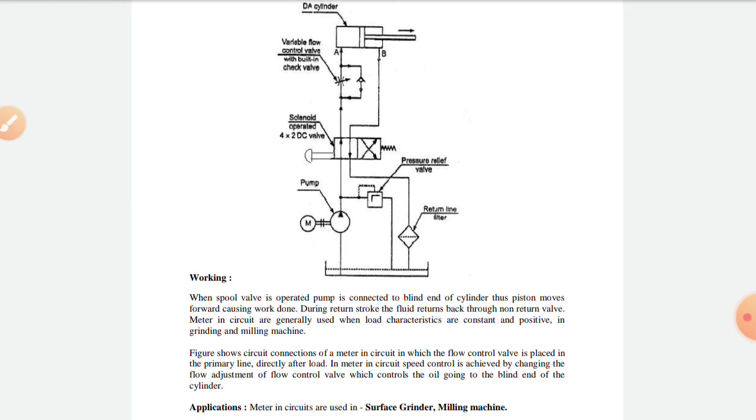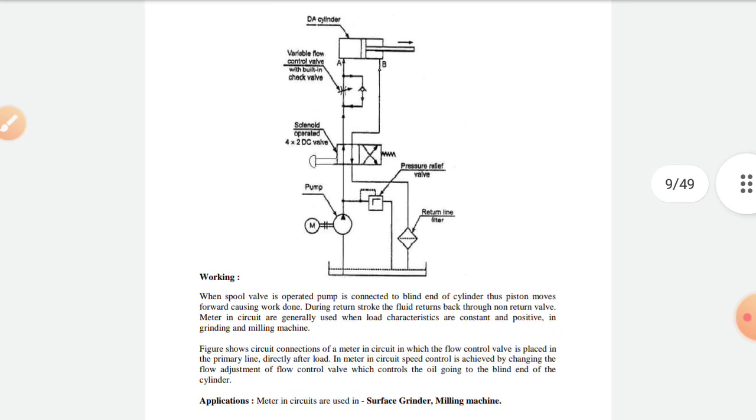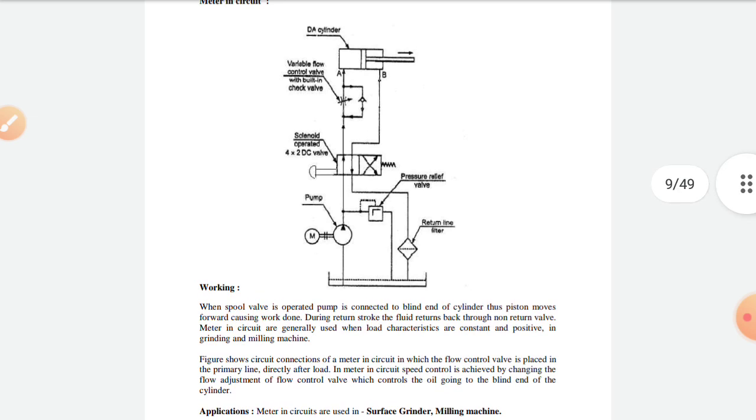In meter in circuit, speed control is achieved by changing the flow adjustment of a flow control valve, which controls the oil going to the blind end of the cylinder. So this is the working of a meter in circuit.